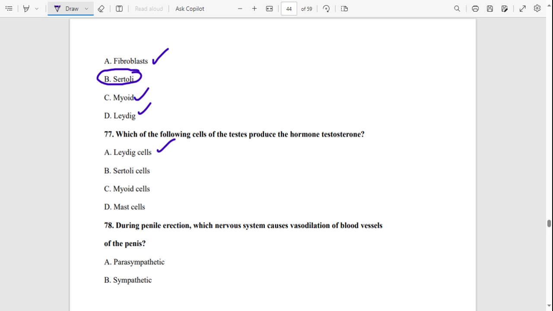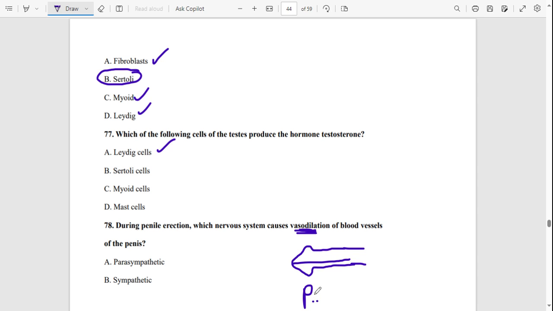During penile erection, which nervous system causes vasodilation? Now, for an erection to happen, you need blood. And what you can use to know how this happens is that when the penis is erect, it points, right? Think of the point as parasympathetic, and for the penis to point, you need the blood vessels to vasodilate so that more blood can go to it.